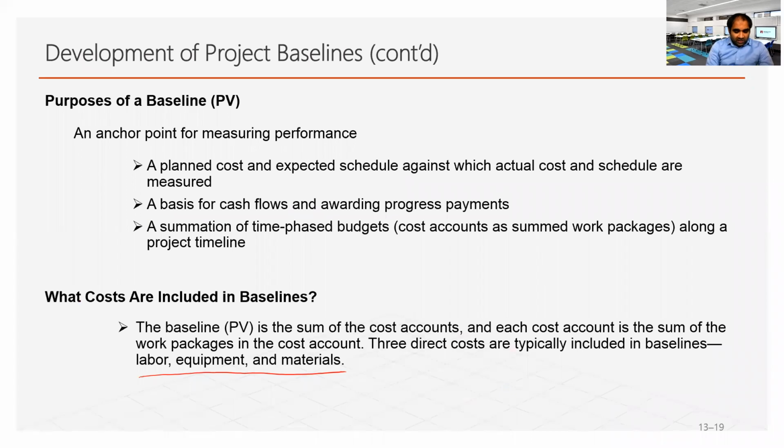The purpose of the baseline or PV, as you already know, is to help us define the limits in terms of cost and time of any project, how these are related as time proceeds, and how much budget we should spend. This is the information that we get from the PV or baseline budget.